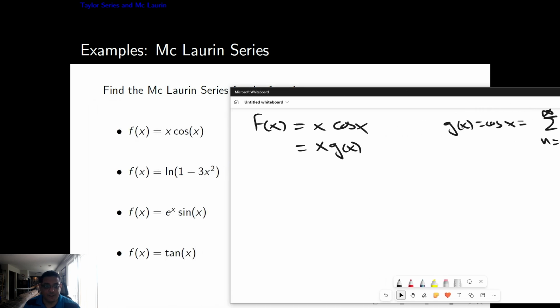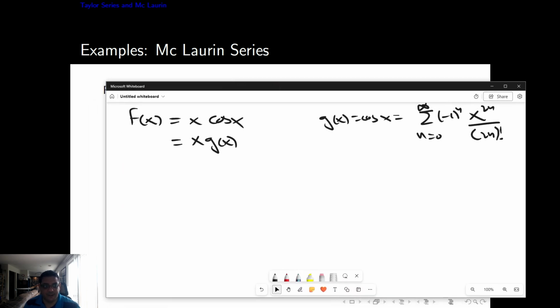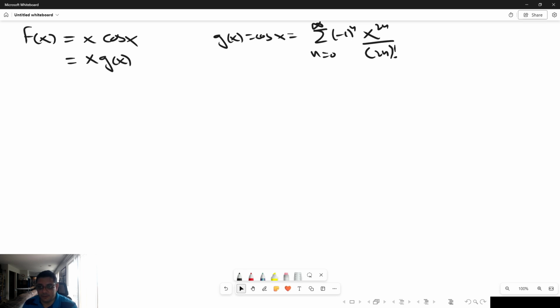So if you have something like x cosine of x, then the only extra thing you need to do is multiply by this x that you have over here. So this is going to be x times the series for n equals 0 to infinity of minus 1 to the n, x to the 2n over 2n factorial.